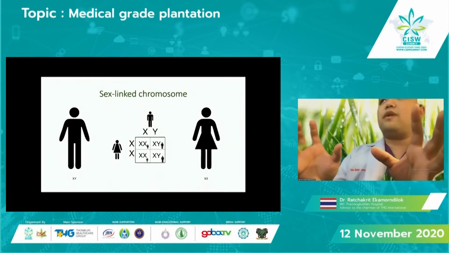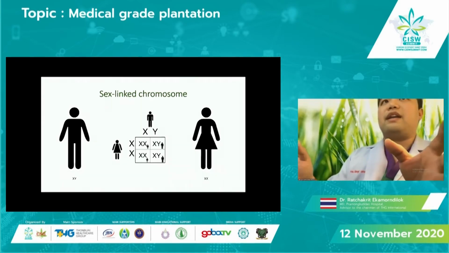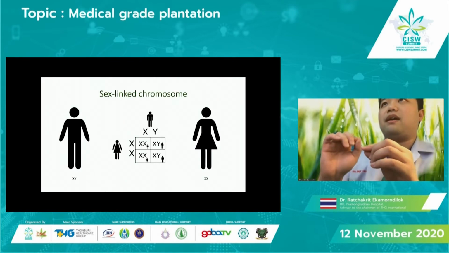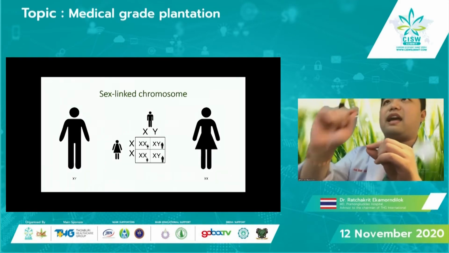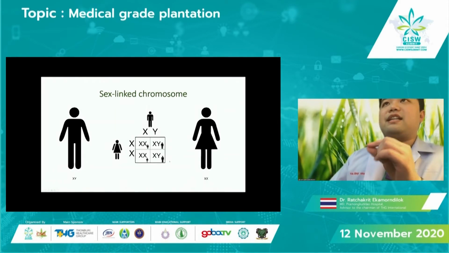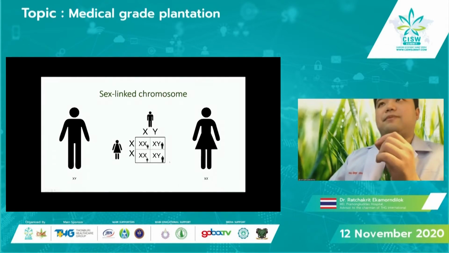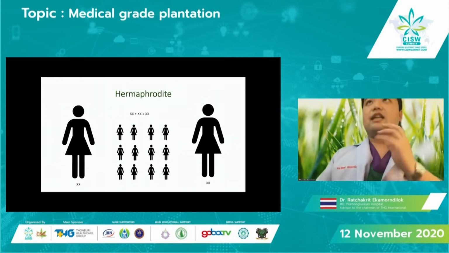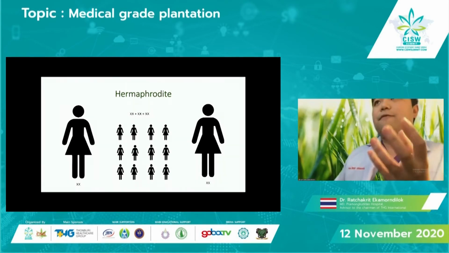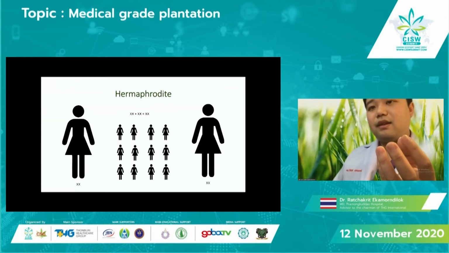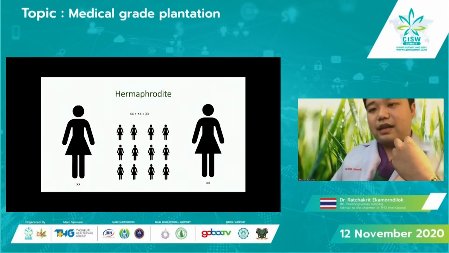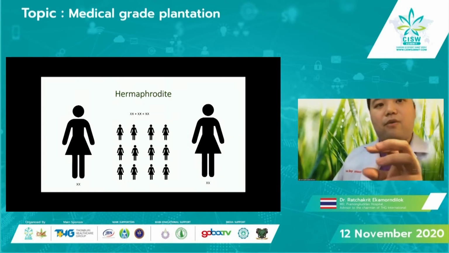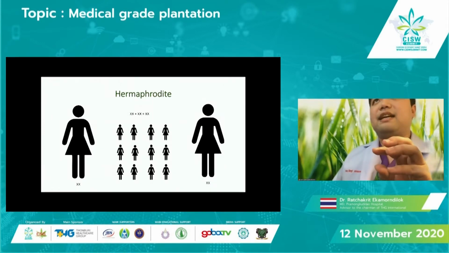In natural reproduction, when the male and female cross, the ratio will be XX and XY, 50% male and 50% female. A hermaphrodite is a female cannabis induced to produce male reproductive parts.